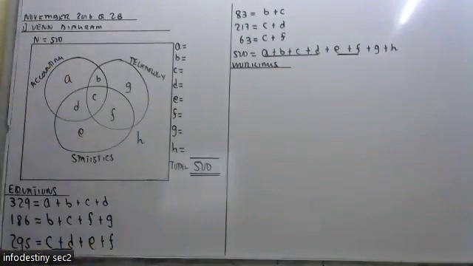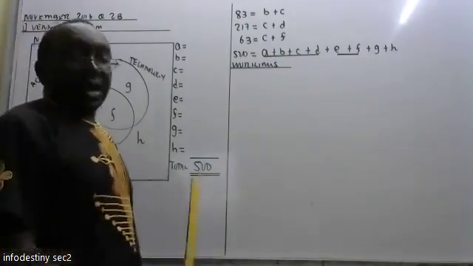So the one that remains unknown again is G and H. And I told you in this case, you get the figure from the literature.